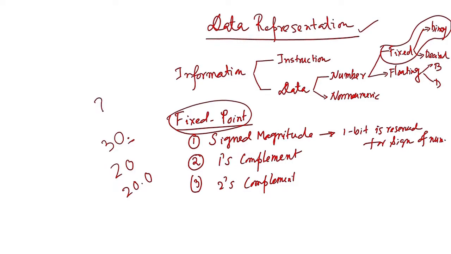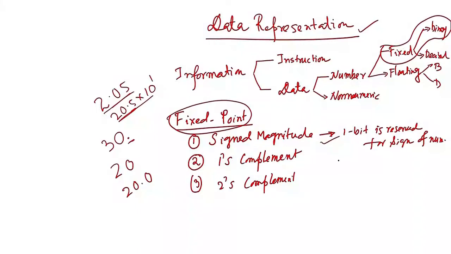But if we write 2.05, this can be written as 20.5 into 10 to the power 1. So, this number is a floating point number. In other words, for representing integer numbers we mostly say fixed point number, and the other is floating point number or real number. So, in today's class we will focus on how we represent the fixed point number, that means the integer number.